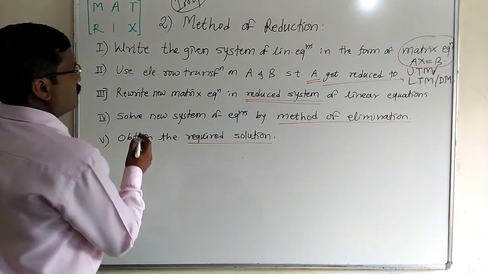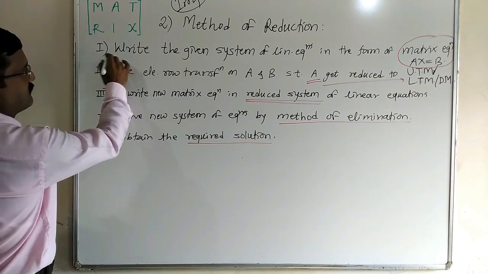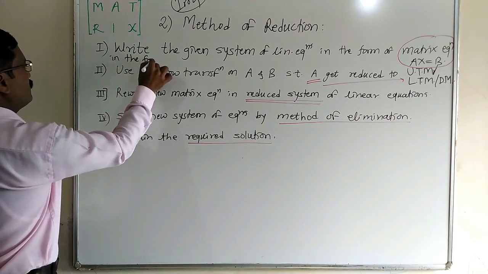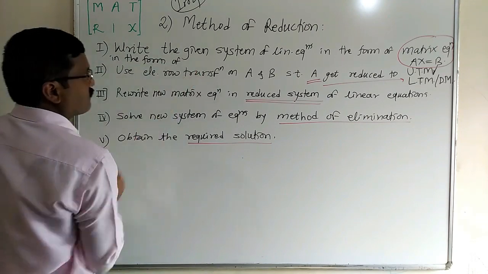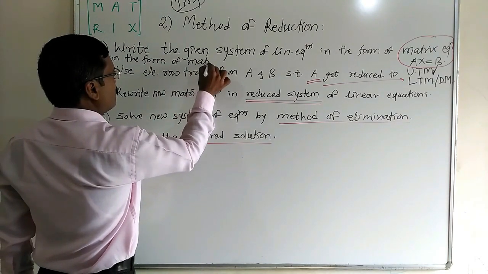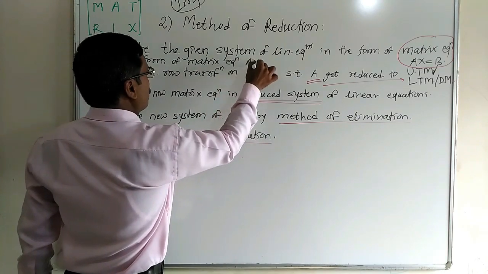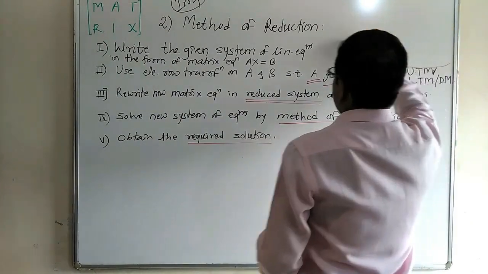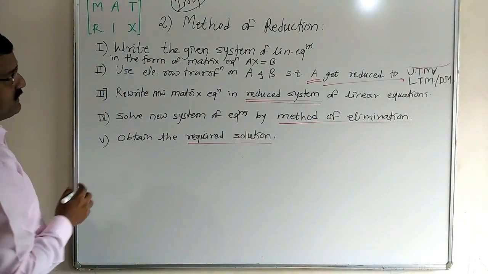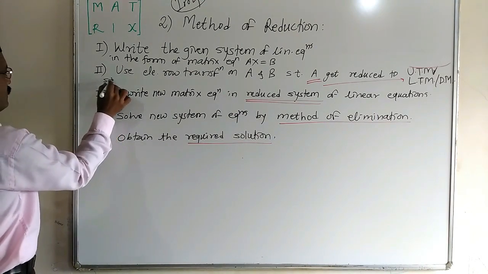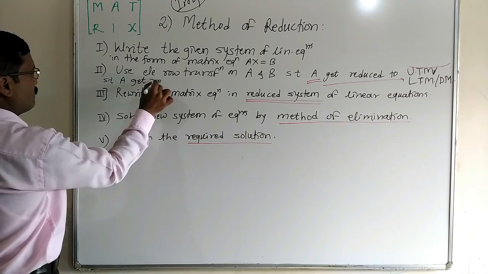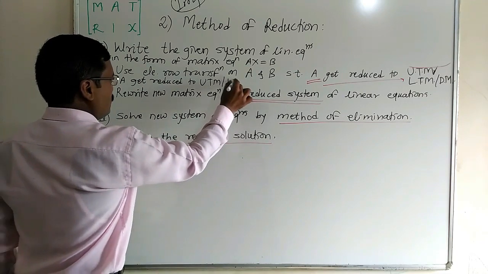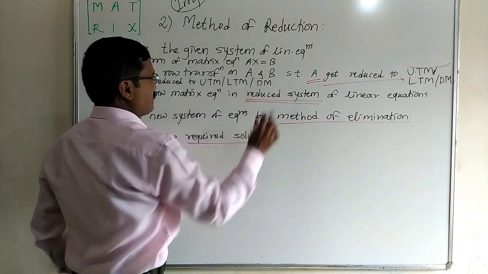I will write the same here in this half portion. Write the given system of linear equations in the form of matrix equation, Ax equal to B. Then use elementary row transformations on A and B such that A gets reduced to upper triangular matrix or lower triangular matrix or diagonal matrix.